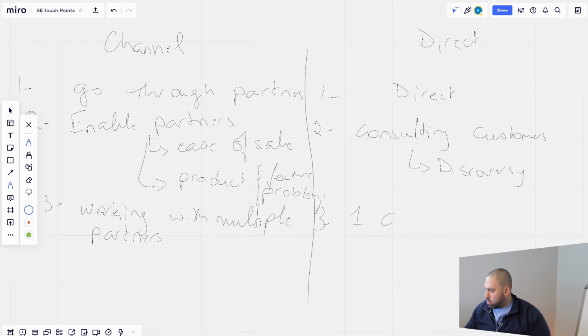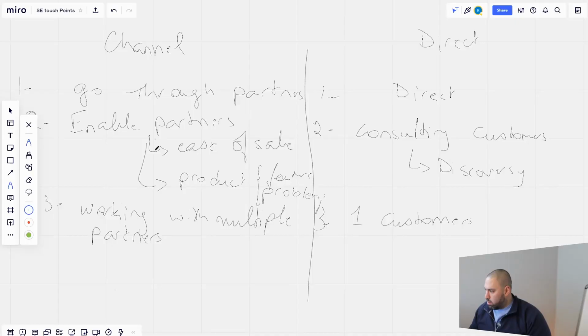So it's one customer. No gatekeeper. I mean, there could be gatekeepers within the customer environment, but there's no one stopping you from actually going to the customer. You can go directly. Whereas here, there's like a man in the middle. There's always someone trying to control the sale themselves.